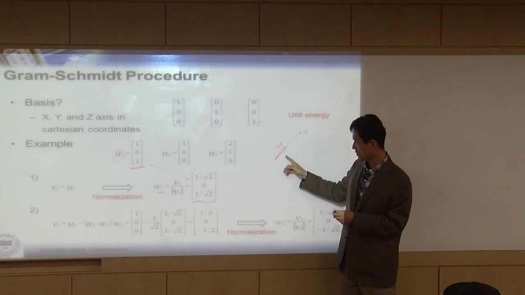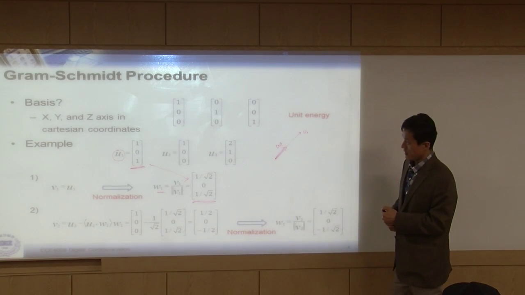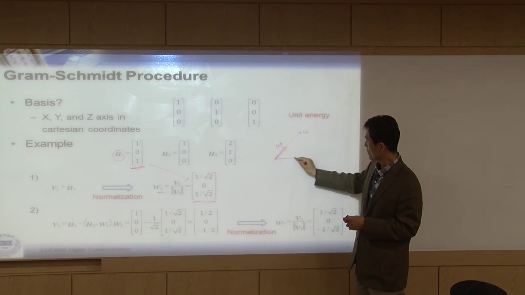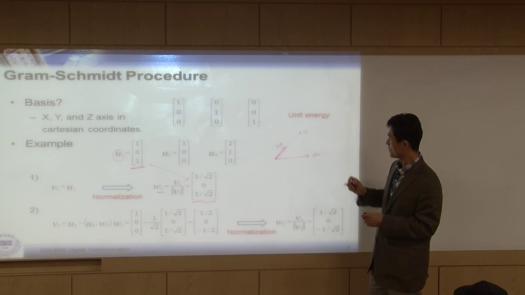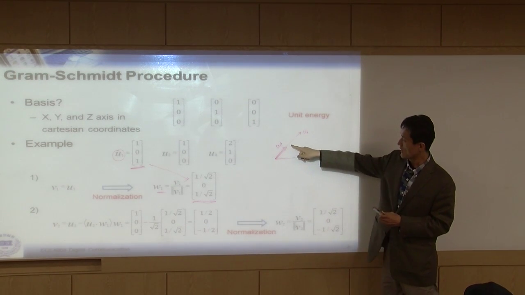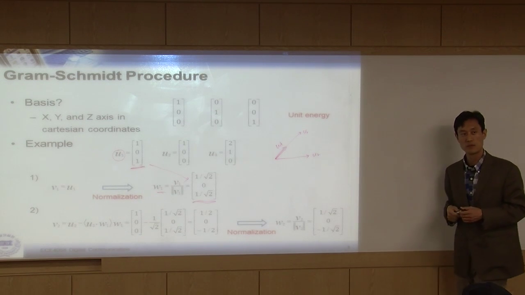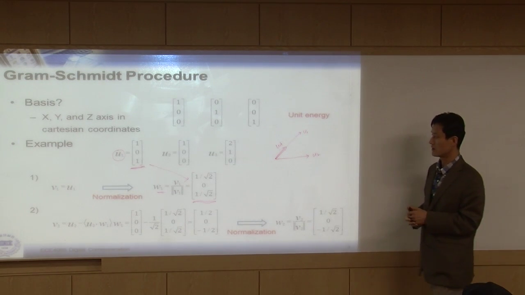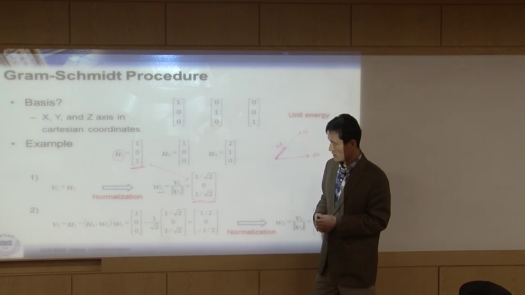So that's W1. From this, we have another vector, called W2. Between U1 and U2, the angle is not 90 degrees, but we want to make them 90 degrees. We want to make them orthogonal.